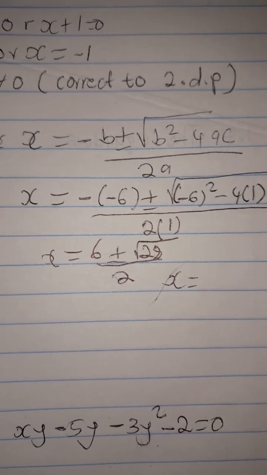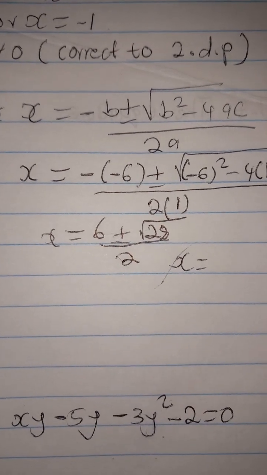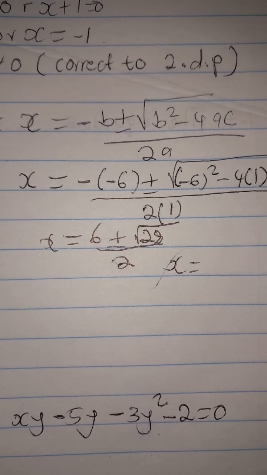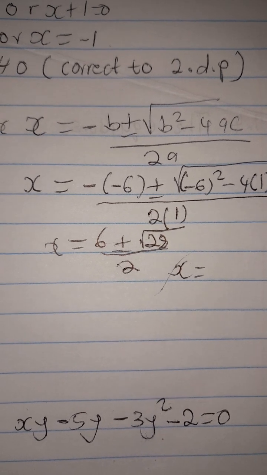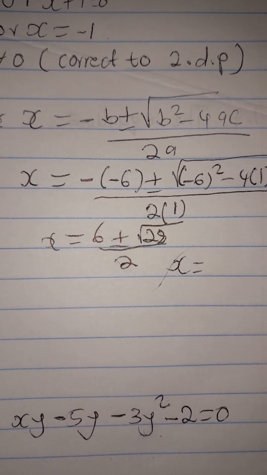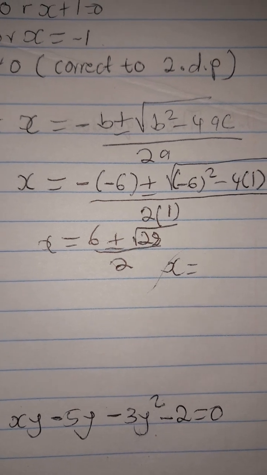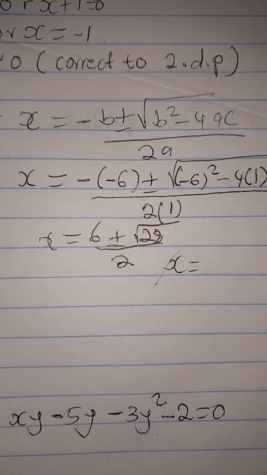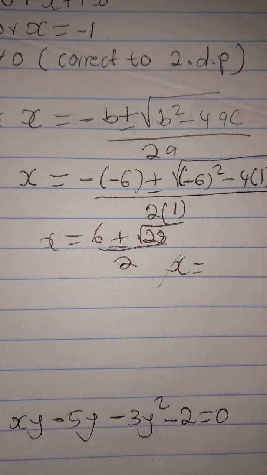What is x? Now we are going to say 6 plus root 28, divided by 2, correct to 2 decimal places. We are going to have 5.65.